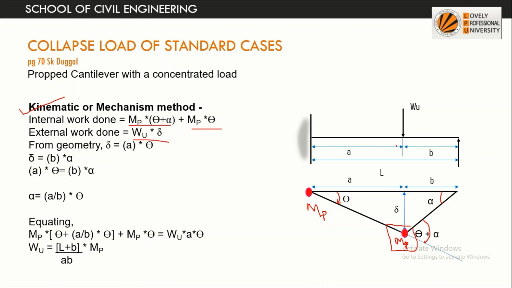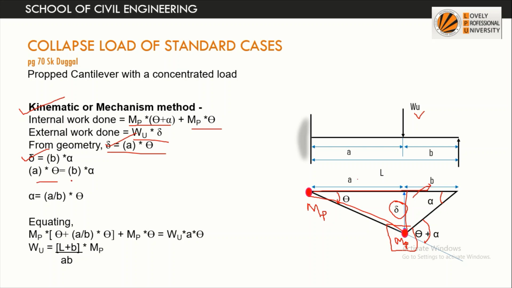Similarly, external work done is load into displacement, so it will be Wu into delta. Now from the geometry, from this side, tan theta is equal to delta by a, so we will find that delta is equal to a into theta. And from the other side we will find that delta is equal to alpha into b.